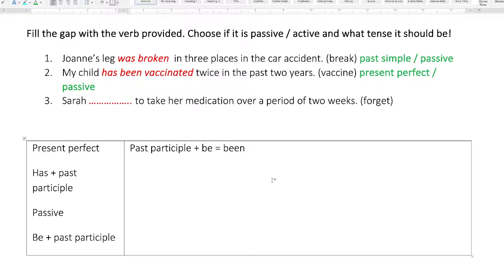Okay, so let's do an example. The surgeon removed Mr. Smith's foot. All right, the surgeon removed Mr. Smith's foot. The surgeon is the subject. Removed is the verb.